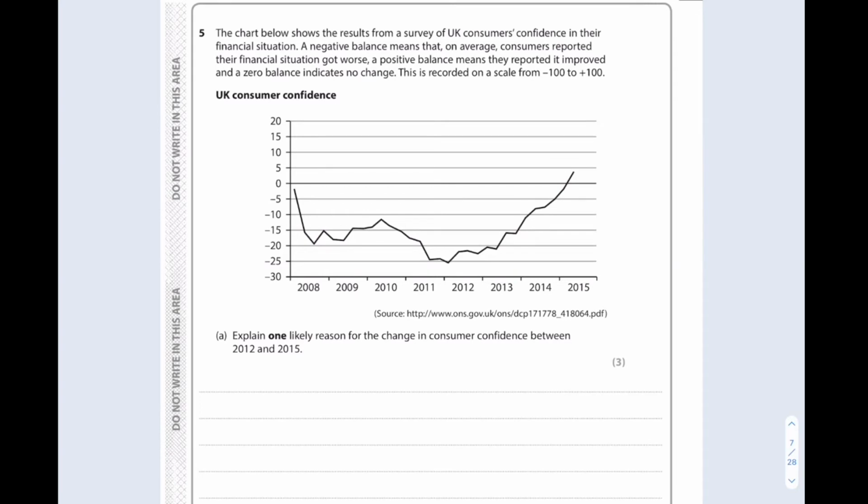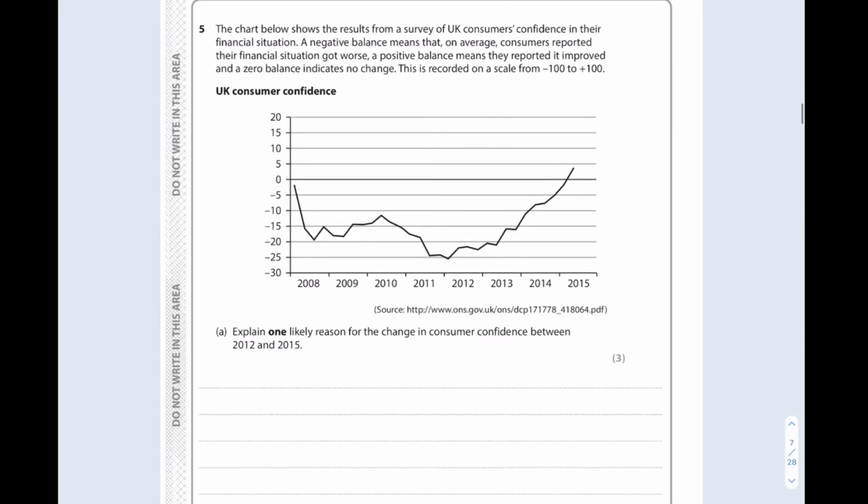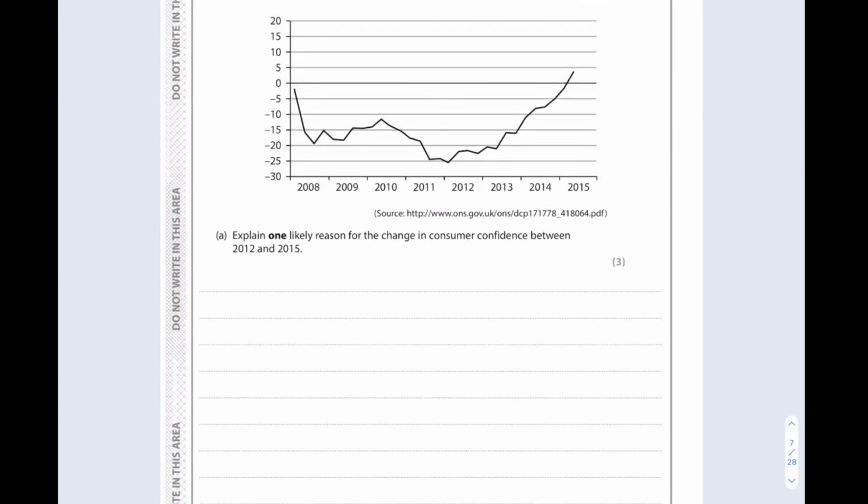So what we can see here is that generally the trend is that consumer confidence decreases up into 2012, and then it starts to recover and then actually go positive in 2015. So explain one likely reason for the change in consumer confidence between 2012 and 2015. Okay, so we can see that consumer confidence is increasing.